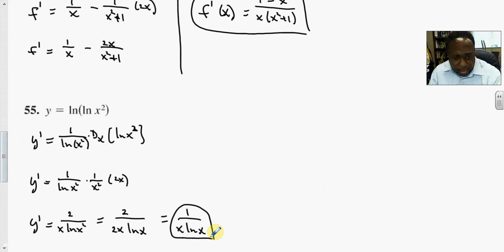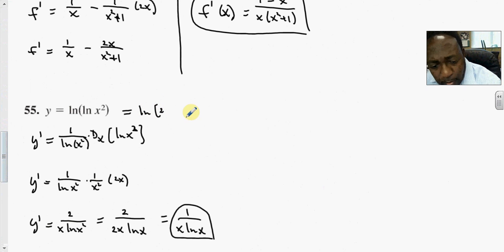Now you could work this problem by first expanding using that 2 as a multiplier. So it'll be the natural log of 2 times the natural log of x. So you expand this out. This is the natural log of 2 plus the natural log of the natural log of x.